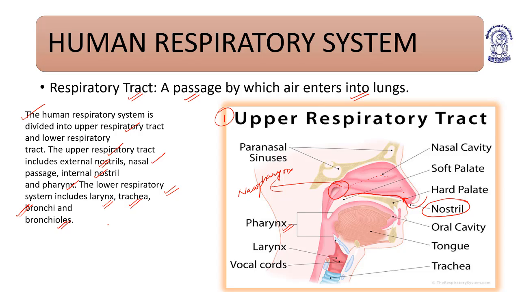The conduction zone of air basically includes external nostrils, one pair, and it includes nasal chamber, nasopharynx.